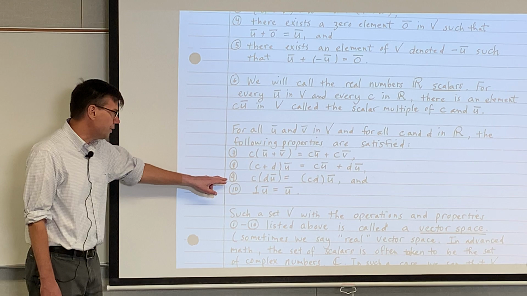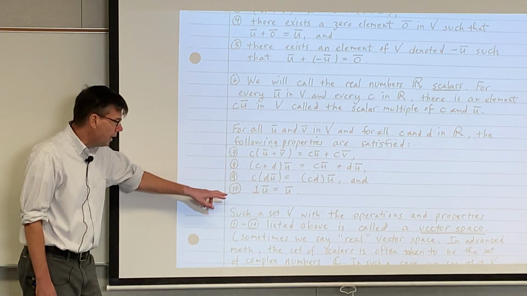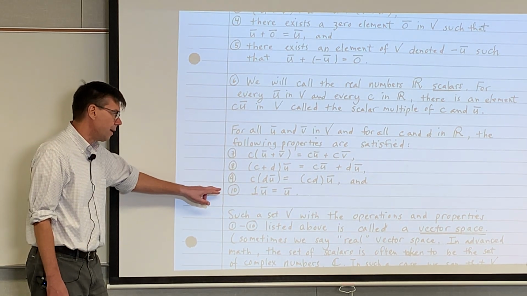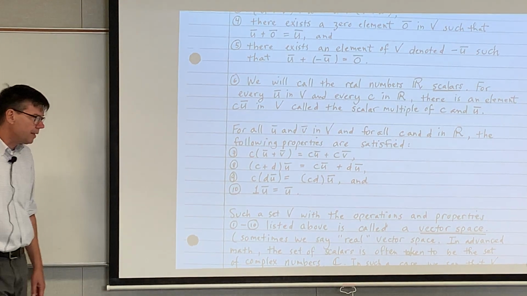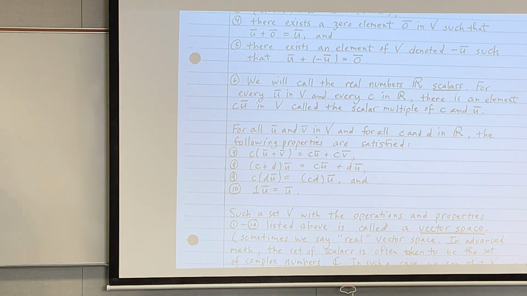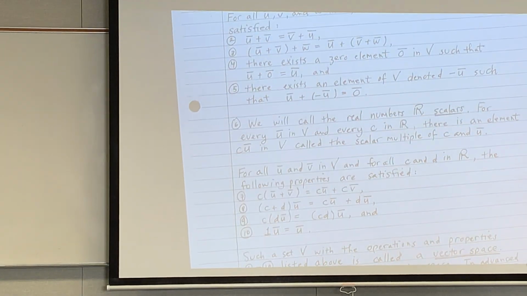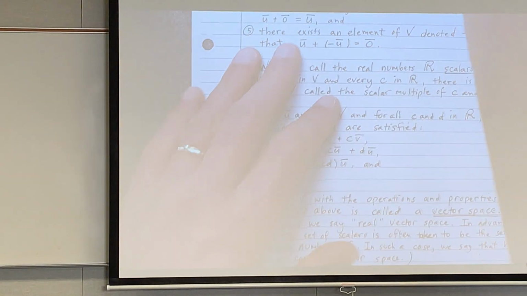There's an associative law with scalar multiplication. And then it's actually got to be an axiom that 1 times a vector is always that same vector. When all 10 of those properties are satisfied, we say we have a vector space. And in this course, we talk about what are called real vector spaces.